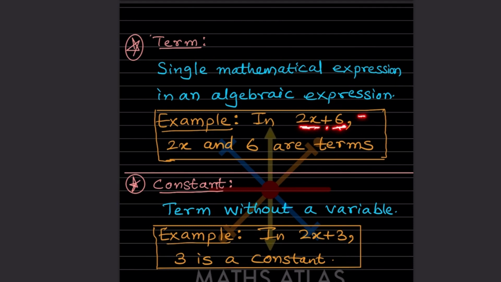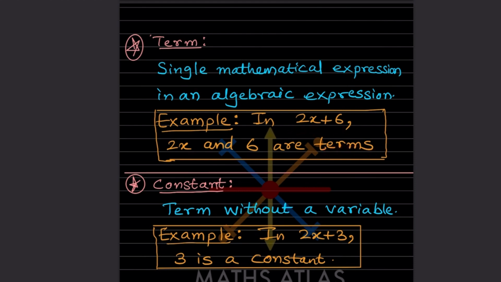Depending on the expression, if we write 2x plus 6 plus 8, there are 3 terms. So 2x is one term and 6 is the other term.